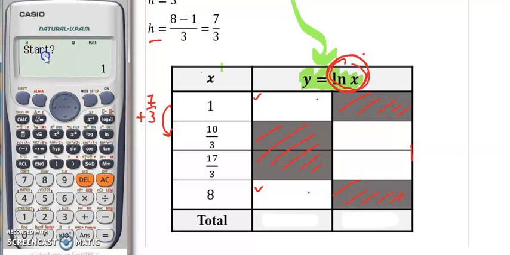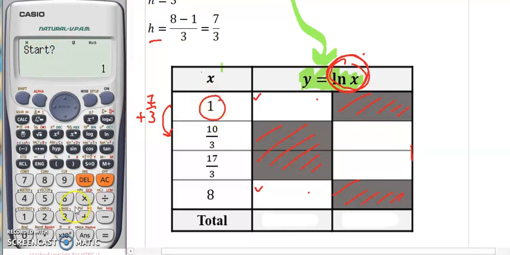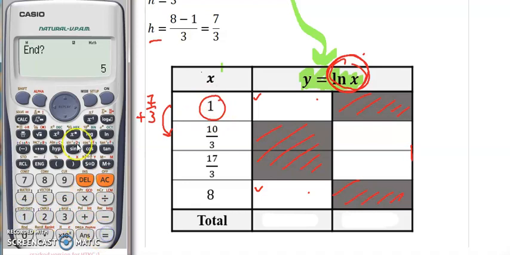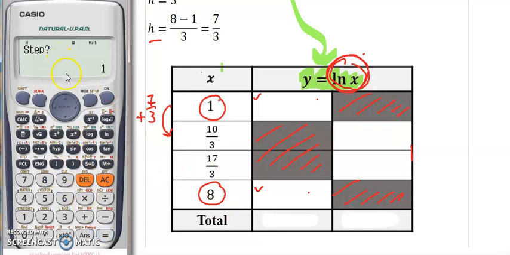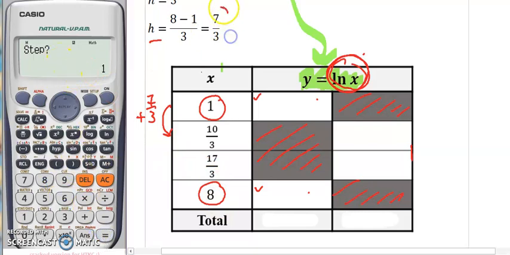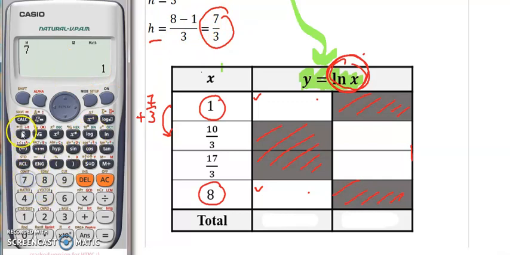Here my calculator displays start, so I want to start from the lowest value 1. So I insert 1 equal, and for the upper bound value, I want to end with 8. I press 8 equal. Step refers to the h value, which here is 7 over 3. So let me insert 7 over 3 equal.